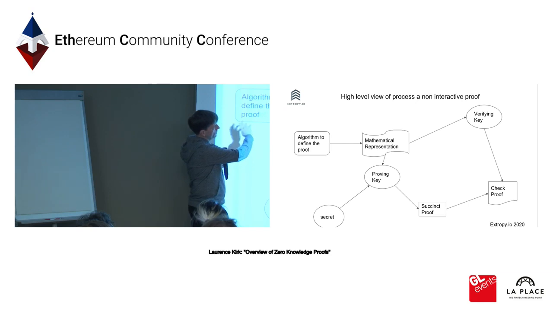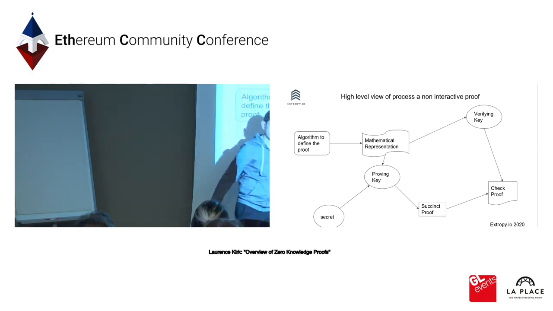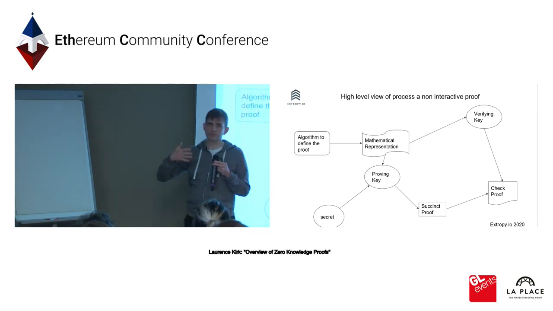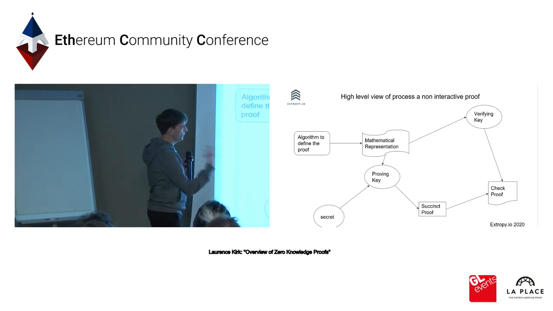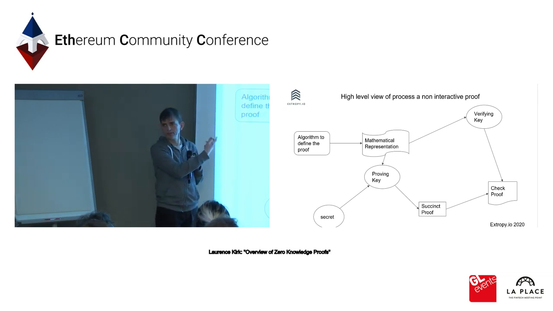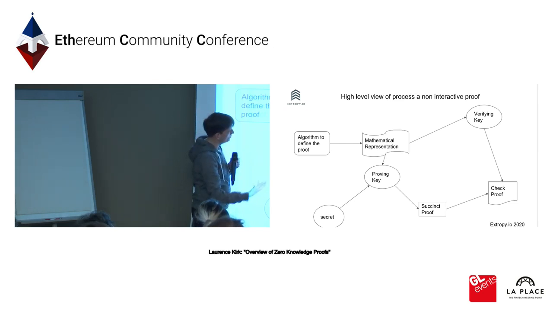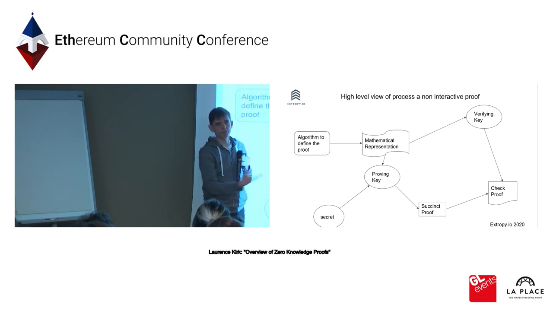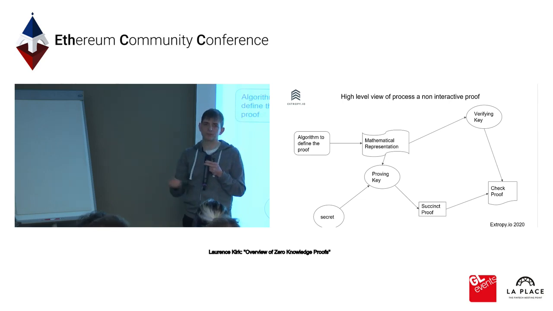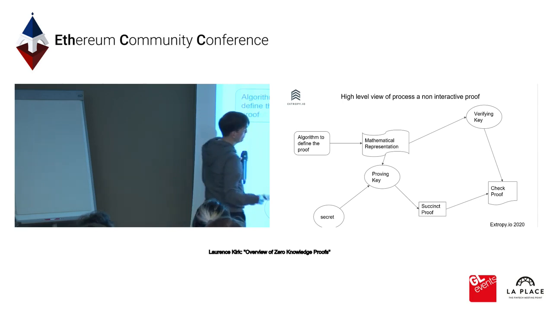Then, particularly in Snarks, this becomes a mathematical representation and goes through a series of transformations. You take something that maybe you've written in a high-level language, or some definition of the algorithm, and turn it into a mathematical representation that can be used in a proof, so that the proof is still succinct and can be used in reasonable time and reasonable memory.